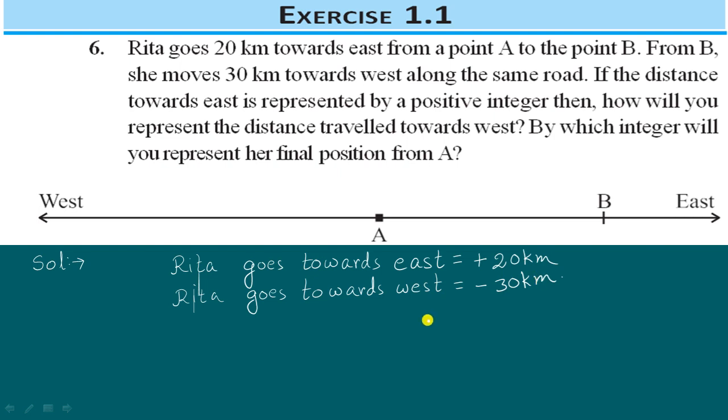right? Then how will you represent the distance traveled towards west? Therefore, you can say that we can represent distance traveled towards west by negative integer.